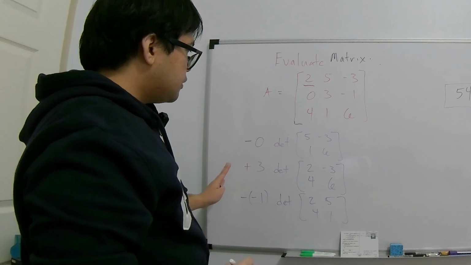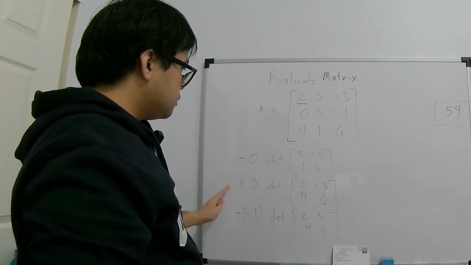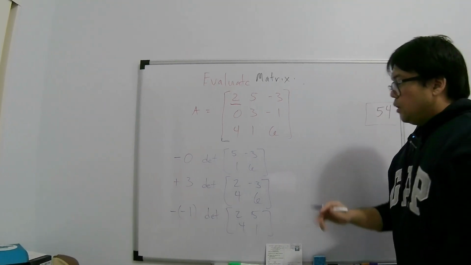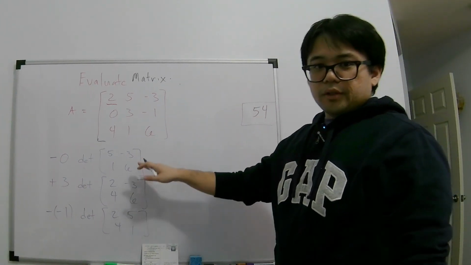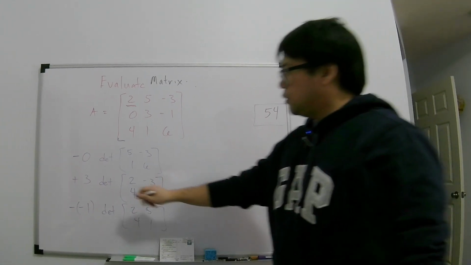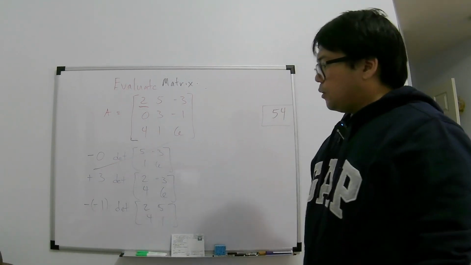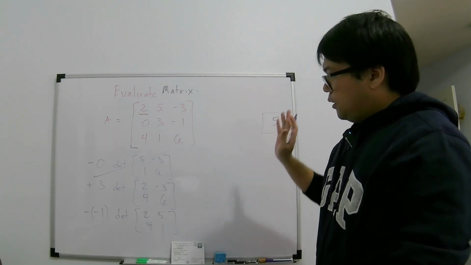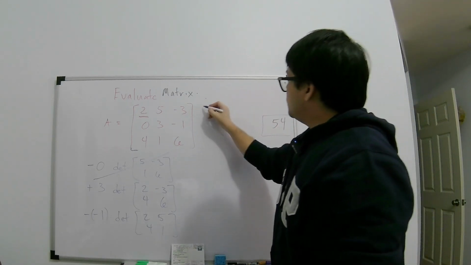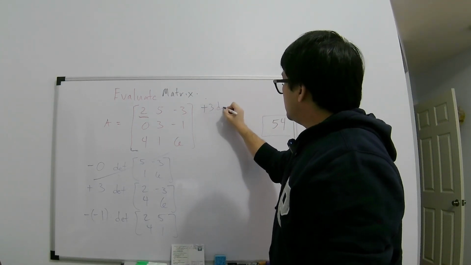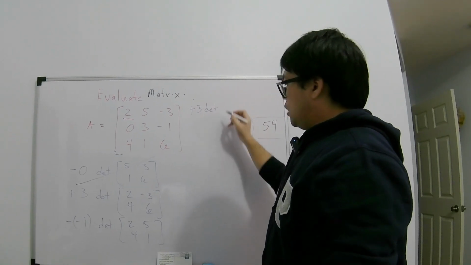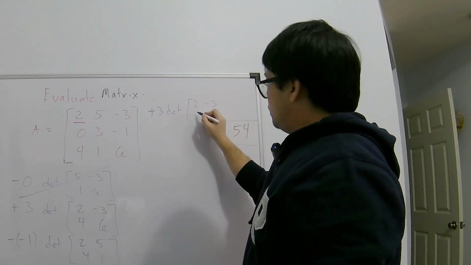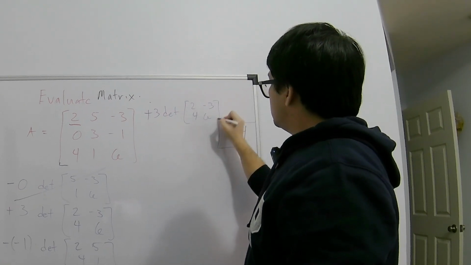Now what we're going to do is find the determinant of each of these submatrices and multiply it by the element. Okay, so the first one, as you can see, there's a 0 out in front. So this is 0. So we only need to look at these two. So it simplifies it a lot. +3 times the determinant of 2, -3, 4, and 6.